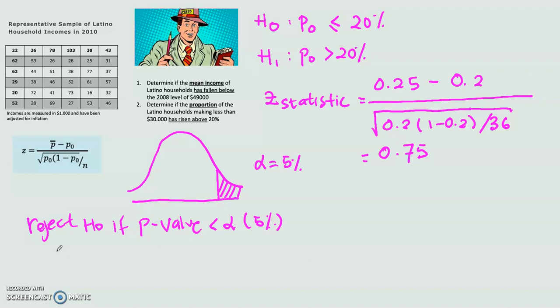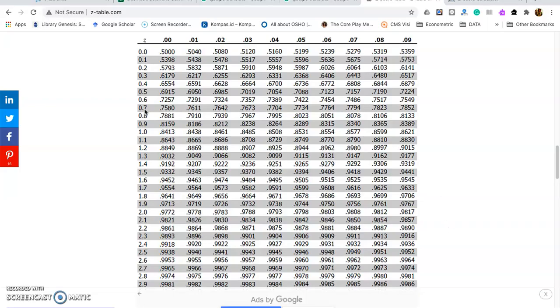So we are looking for, using the Z table, P when Z equals 0.75. Let's go to the Z table. Now we have Z is 0.75, 0.7734.